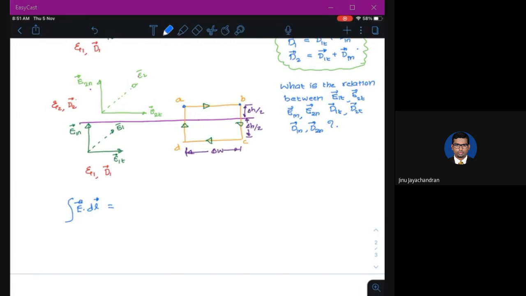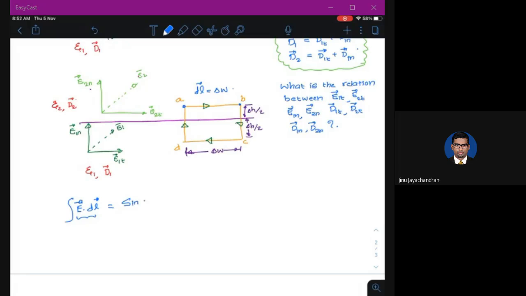If you travel from A to B, since the path is very, very small, the dl value is delta w. Okay. And since this is a dot product, only that electric field component which is parallel to this path will exist.